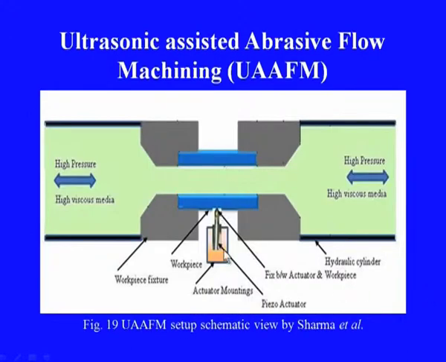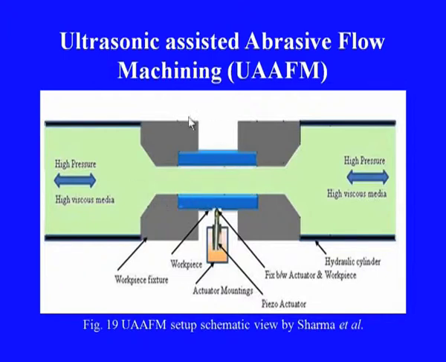This is another new development in this area of hybridization, the ultrasonic assisted abrasive flow machining process, in which this workpiece is given an additional ultrasonic vibration, and therefore, the abrasive particles will come more frequently in contact with the asperities on this workpiece surface, and thereby get a better surface finish.